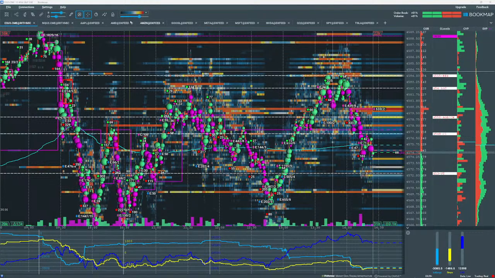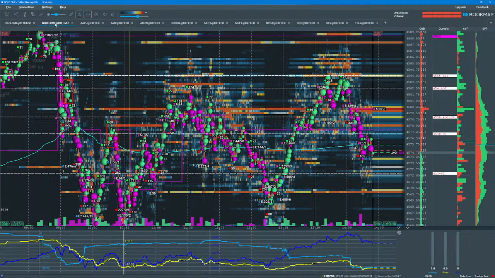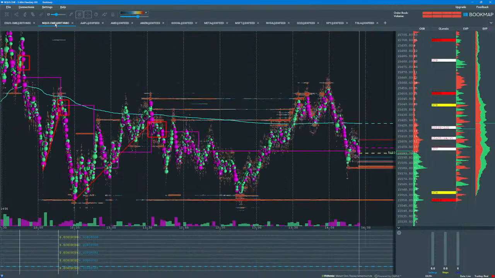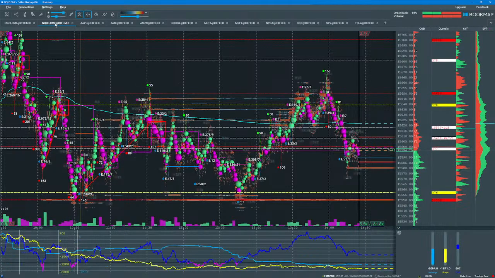All right, let's take a look at Nasdaq. So Nasdaq, the 378 level was in play again.